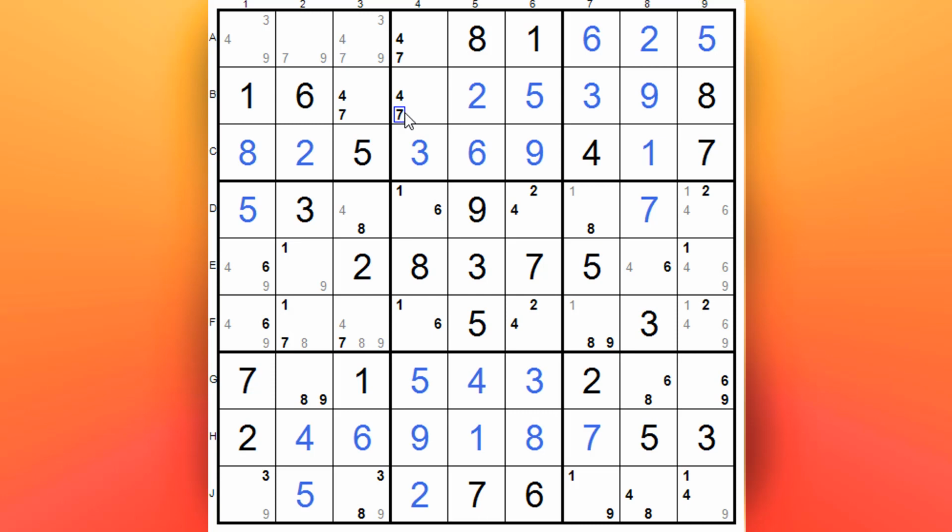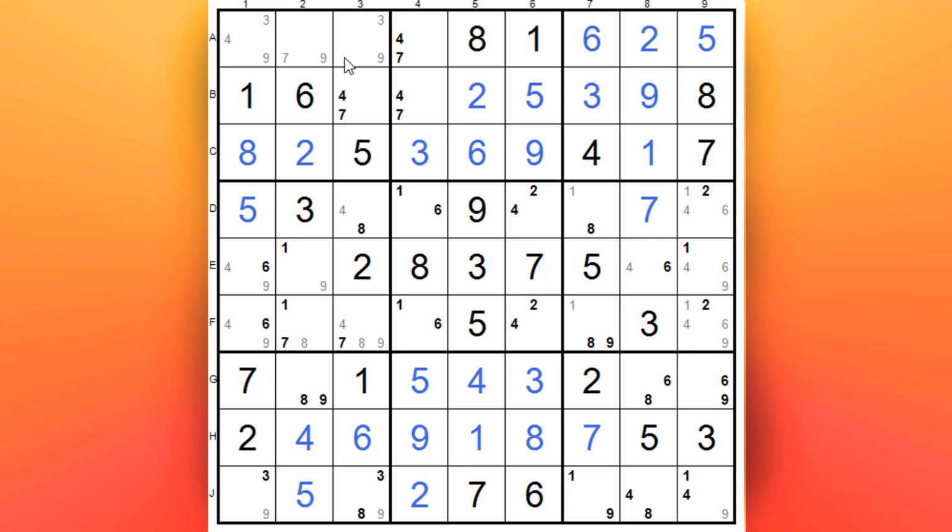So in order to make sure that that can't happen, we can actually get rid of the 4 and the 7. Now, I was then looking for singles chains and pairs chains and anything at all I could find. I did find a singles chain. It was a very simple singles chain, but there was nothing to delete, so that was a total waste of time. Similarly with the 3s, I think.